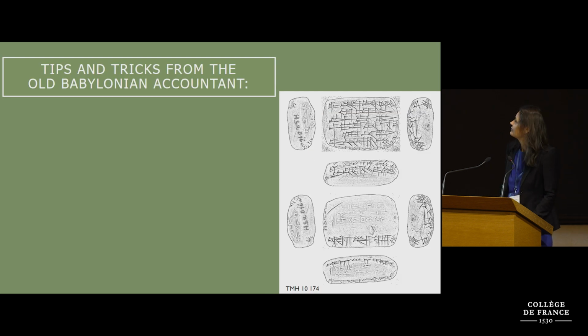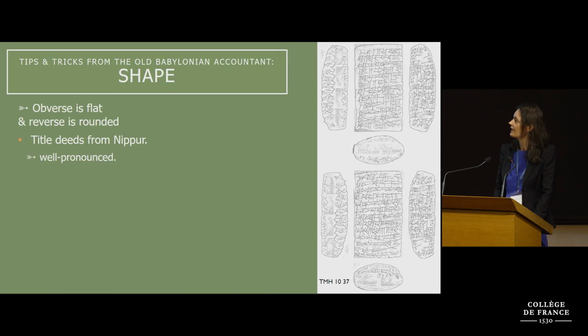So what am I going to talk about? About the shape, the size, and a little bit less, because it doesn't fit in 20 minutes, of course, the sealing practices and the orientation of tablets, and also the material, just a little bit.